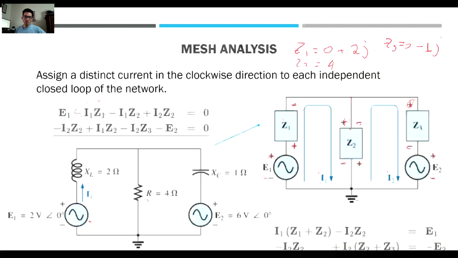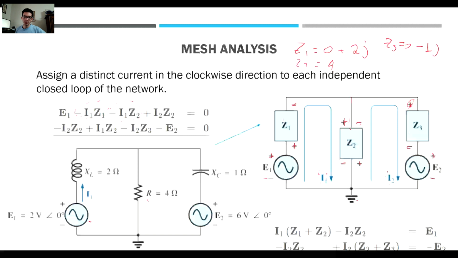And then we go to Z2, which is going positive negative, so we're going to write down negative I1, which is current 1, because we're doing current 1 still, times Z2, so another negative. But remember that Z2 is connected to current 2, and that's how we're coupling both sides of the circuit. This load 2 is connecting both sides of the circuit and is letting us know which current is going to be dominant.